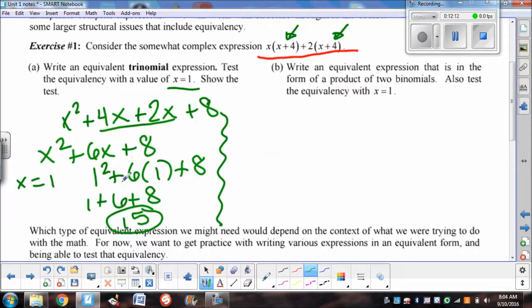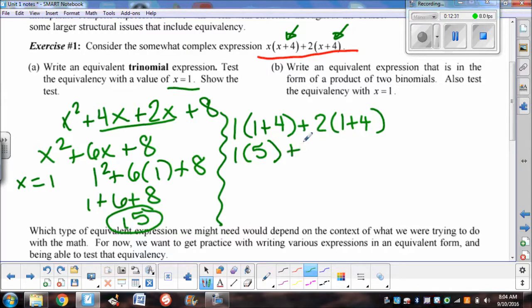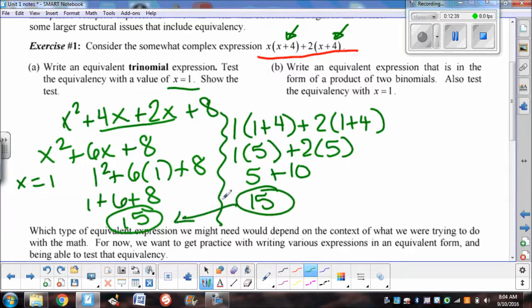Now let's put that 1 into our original problem and see if we come up with 15. So 1 times 1 plus 4, plus 2 times 1 plus 4. And we end up with, think order of operations here, let's do those parentheses first. And we end up with 5 plus 10. There we go. So we definitely have equivalency there.